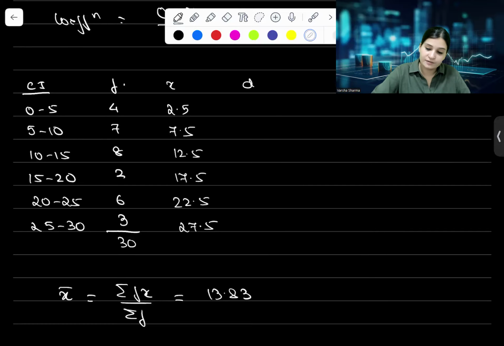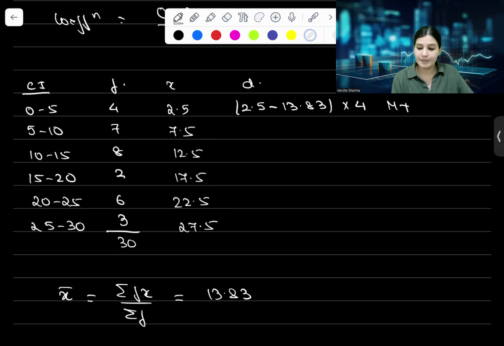So now deviation from x only. 2.5 minus 13.83, change the sign, multiply by 4 M plus.